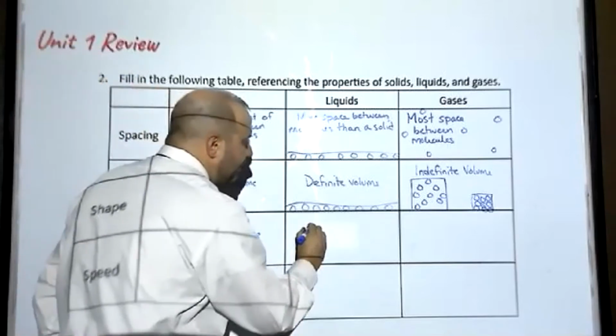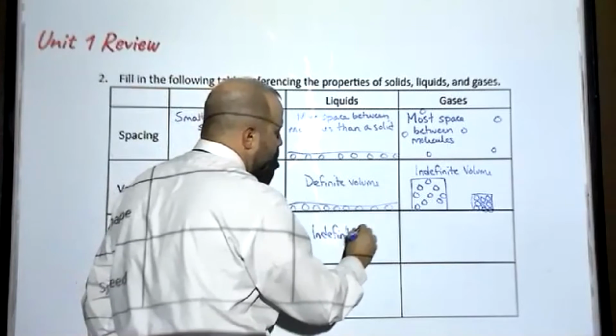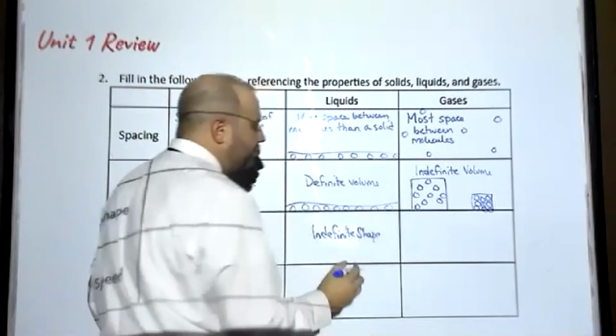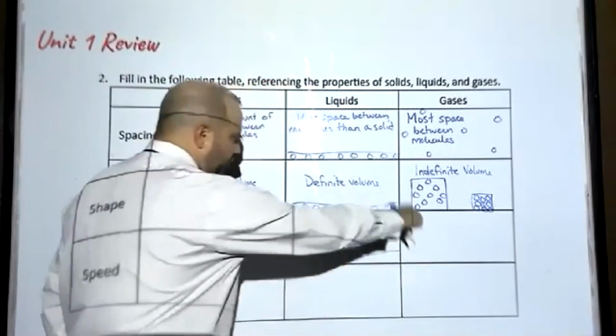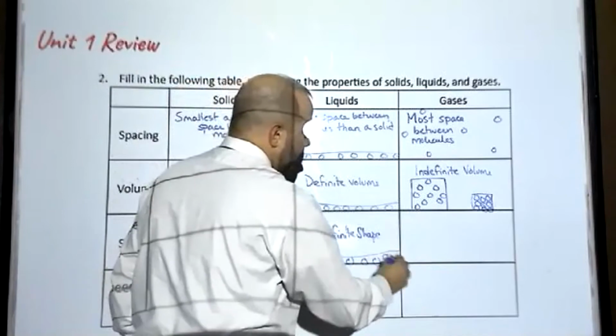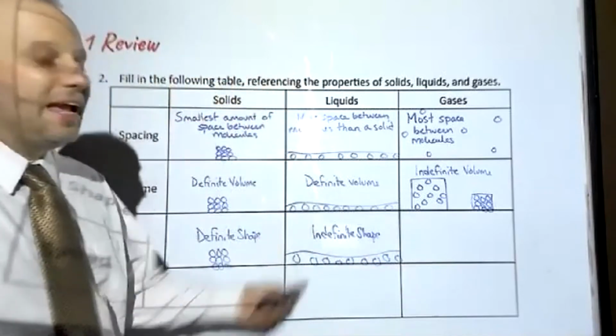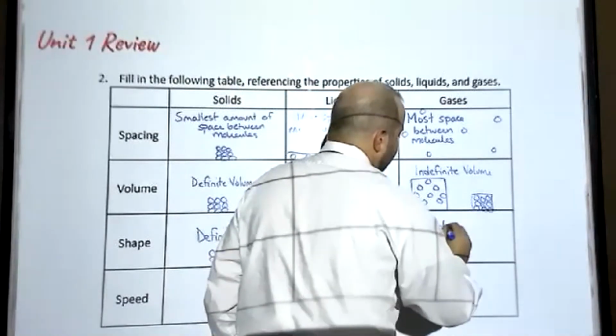A liquid has an indefinite shape. It will take the shape of whatever container it is in. So if this is our container, this square, it'll look like that. And of course, a gas will also have an indefinite shape.